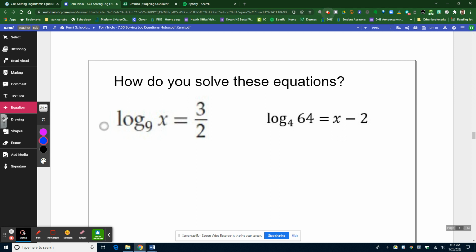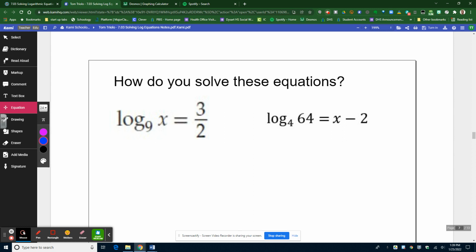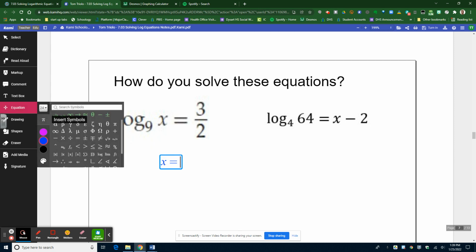Similar idea. All right, here we go. 9 to the 3/2, which is really square root of 9 cubed. Can we do this in one step? Yes, sure. X equals square root of 9 to the third power.